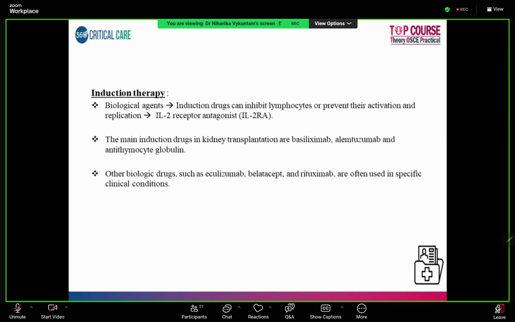The most common induction agents in kidney transplant patients are basiliximab, alemtuzumab, and ATG, that is the anti-thymocyte globulin. Other biological drugs include eculizumab, belatacept, and rituximab, which are often used in specific clinical conditions, like graft failure. I'm not going to discuss it in detail, but you should remember that the biological agents are used for induction therapy, and the most commonly used are the IL-2 receptor antagonist and the ATG.